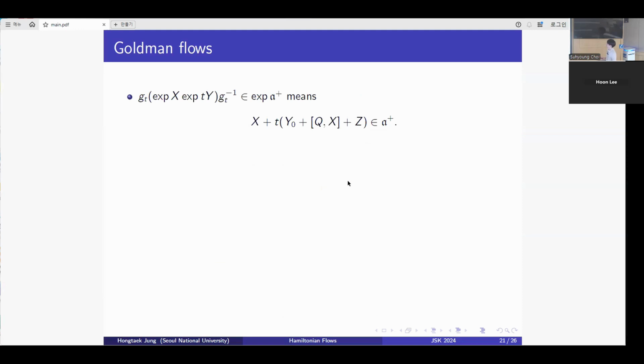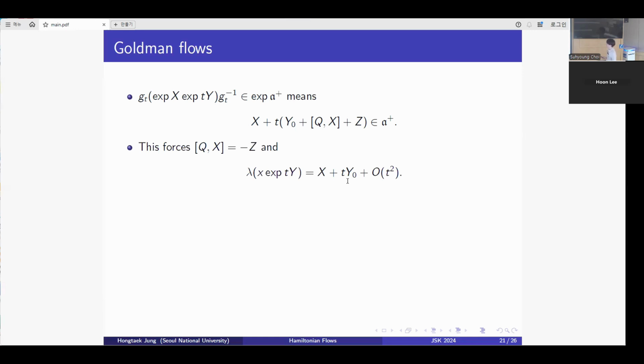This conjugation sitting inside the positive Weyl chamber means that, to first order, this whole gadget must be inside the positive Weyl chamber. If you do the restricted root decomposition of this element, it doesn't have any Cartan subalgebra factor, and Z also doesn't have any Cartan subalgebra factor.